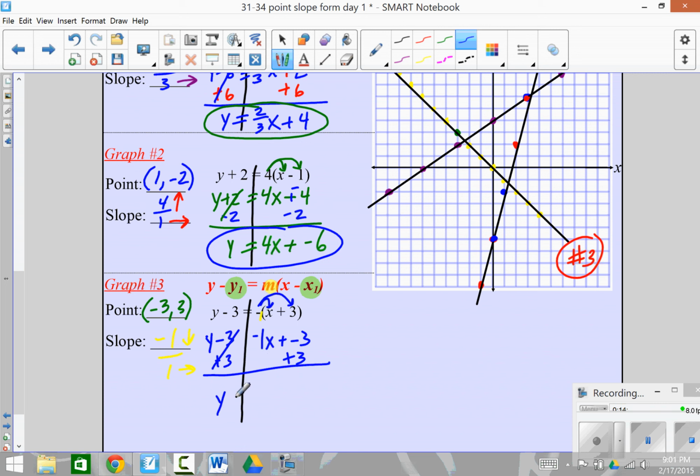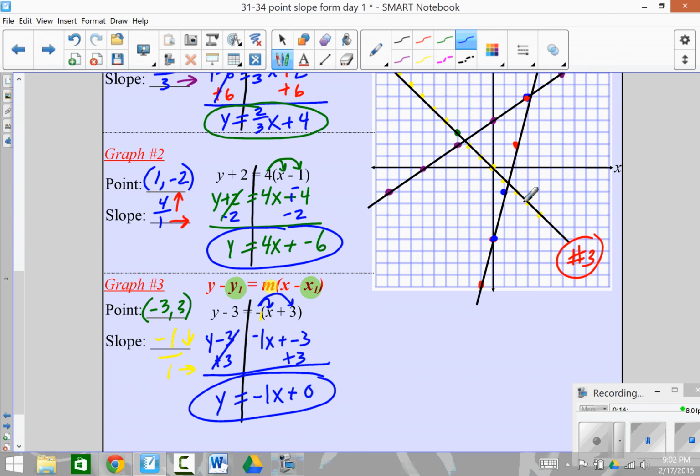And we ended up with y equals negative 1x. And negative 3 plus 3 is 0. So really we don't need the plus 0 if you don't want to write it. You don't have to. And we can see that this graph has a y-intercept of 0. Yes, it goes through the 0. And it has a slope of negative 1. Okay? So please do ask any questions to clarify anything that you don't get.